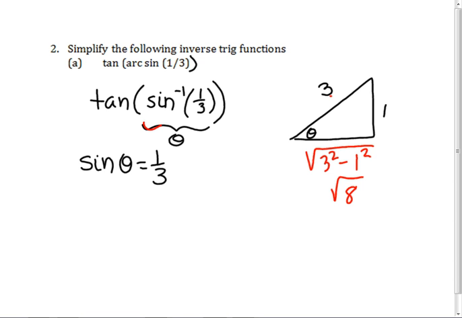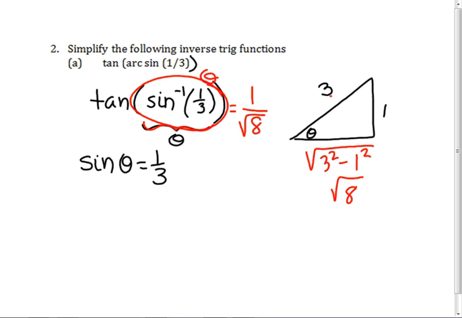The tangent of my angle, you guys, what's the tangent of my angle now? The picture. Opposite over adjacent, so it's 1 over the square root of 8. Well, this is the tangent of an angle, right?